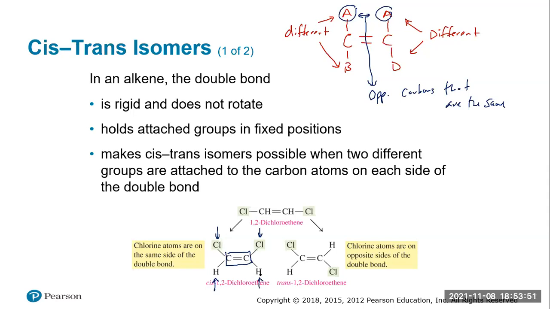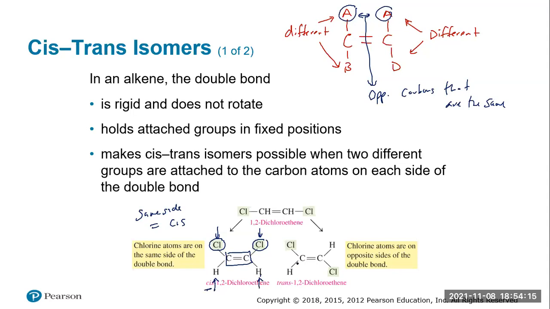The answer is yes. So that's good. We then want to look for a group that's the same on opposite carbons. In this case, we could look at the chlorine, could also look at the hydrogen. And in this particular case, we see the chlorines are on the same side of the double bond, which means this is a cis isomer. I kind of wrote over it, but it is a cis isomer.